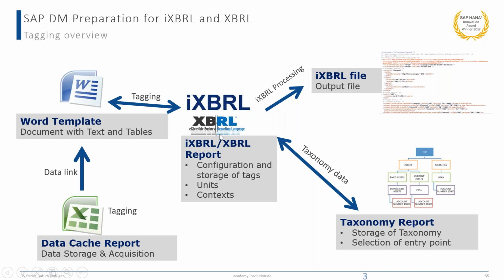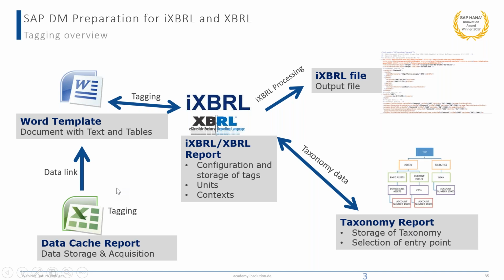The taxonomy report is connected to the iXBRL report, which you need to configure based on currency, period against which you are reporting, your registered entity code in the corresponding country, etc. And then the other two connections are with the data cache and the Word template. So every entity will have a data cache, a Word, and an iXBRL report, and they are all linked together.